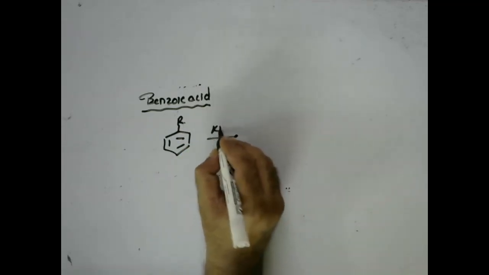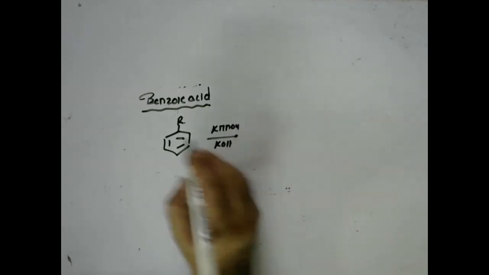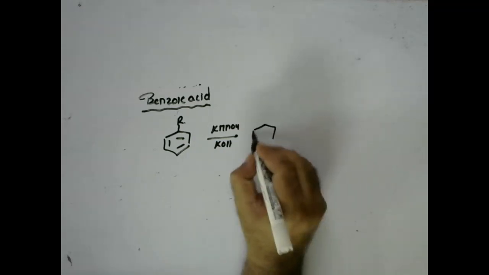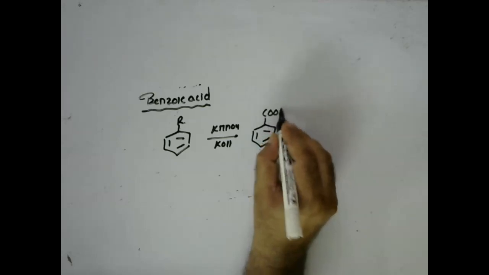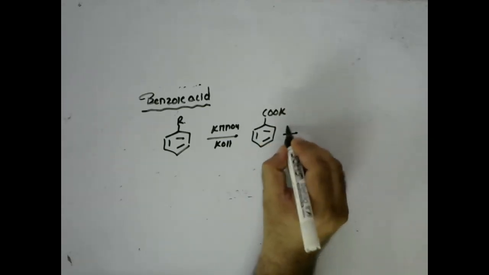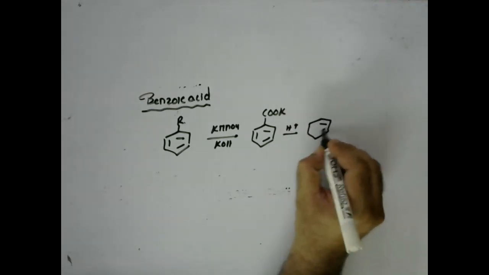If you oxidize it with KMnO4 in the basic medium, no matter how many carbon atoms are over here, the bond will break and you will get the potassium salt of benzoic acid. You will get COOK. It is only when you acidify that you are going to get the benzoic acid.